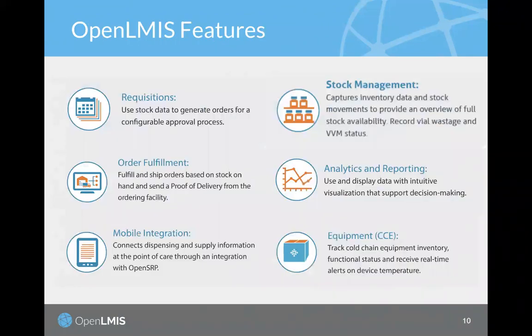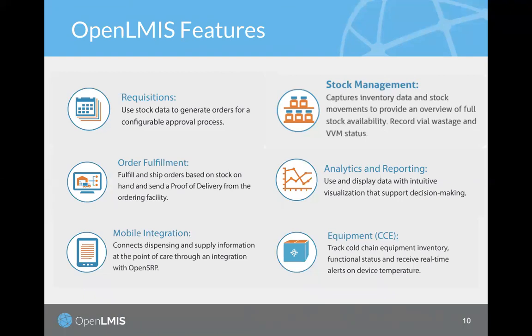So before we get into each specific feature, which we'll do shortly, I wanted to provide an overview of some of the features that we have, and we won't be touching on all of these in our presentation, but we have the support that countries need to reduce stockouts, can manage their cold chain equipment, and providing end-to-end supply chain visibility.